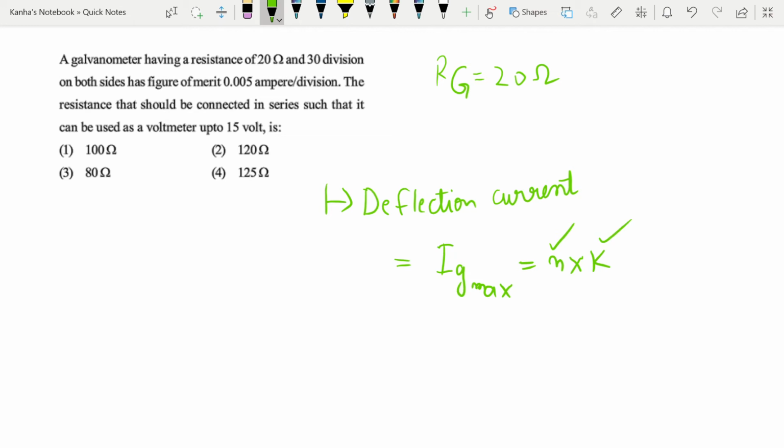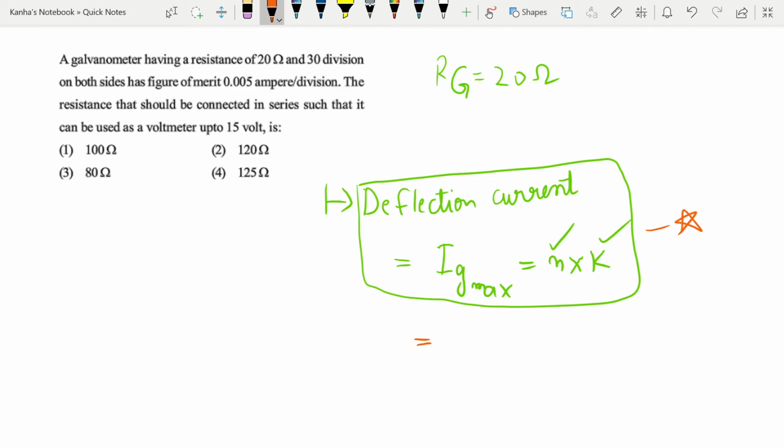You should try to remember this formula. I'll mark it with a star. These all have been asked previously. So Ig max is equal to N into K, where N is the number of divisions, which was given to you as 30, and K was the figure of merit. Substituting these values, my deflection current is 15 into 10 to the power minus 2, which is equal to 0.15.